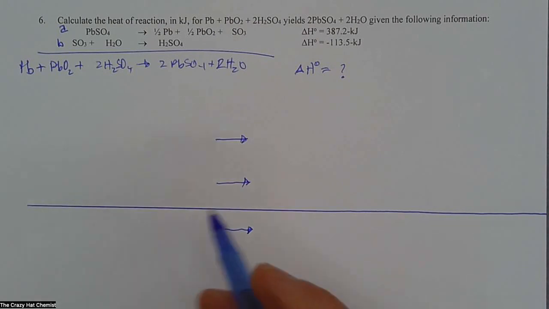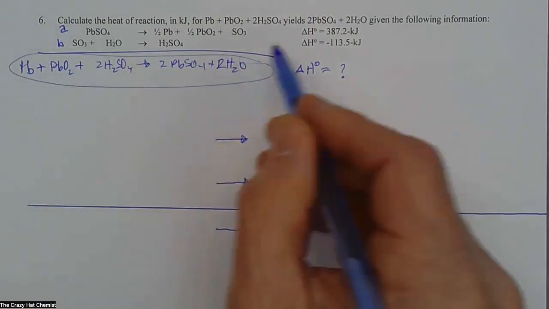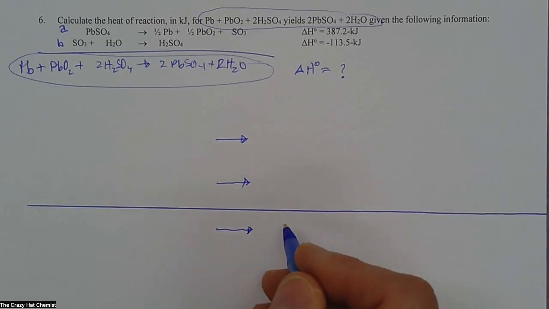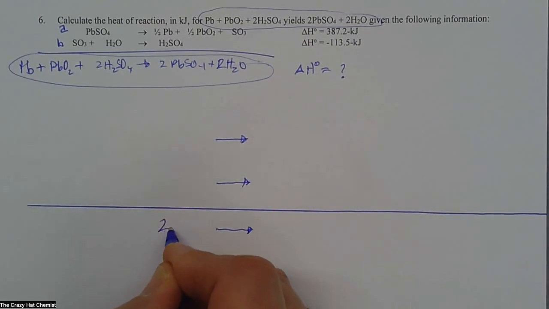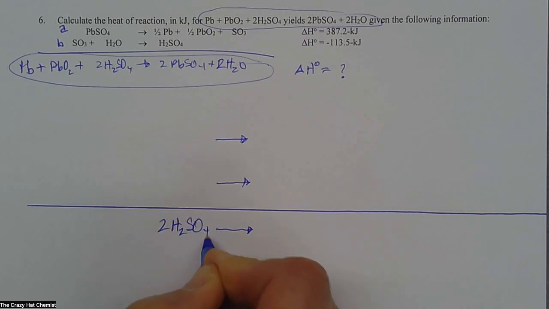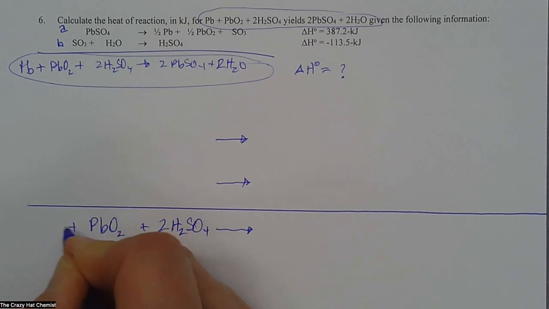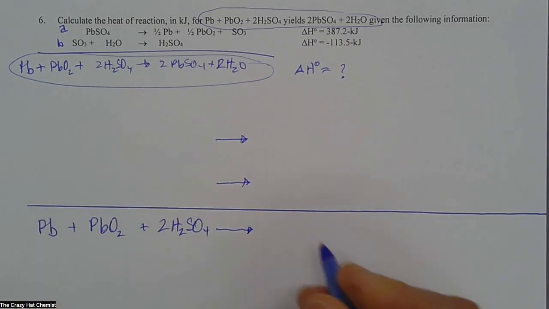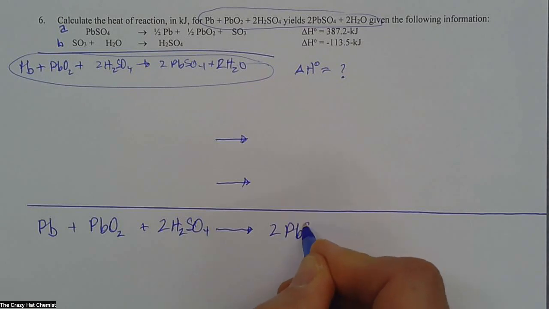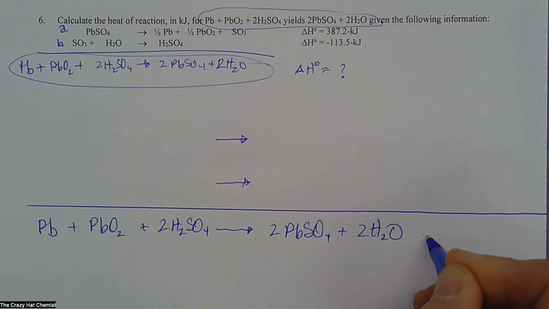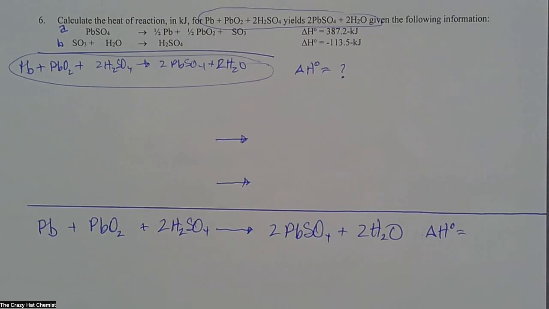And we're going to rewrite the net equation that we want, which is given in the problem right here at the top. We're going to write that down here. So we've got 2H2SO4 plus PbO2 plus Pb, and it yields 2 PbSO4 and 2H2O. What are we trying to solve for? The enthalpy change for this reaction. We don't know that. That's what we're solving for.